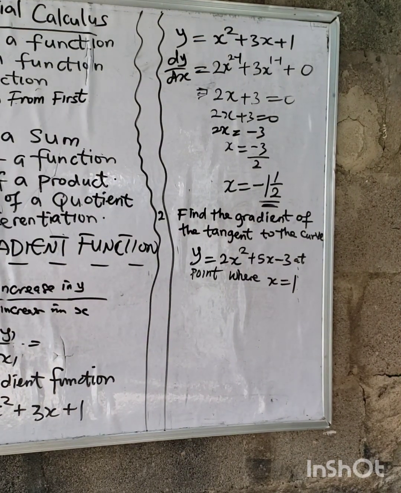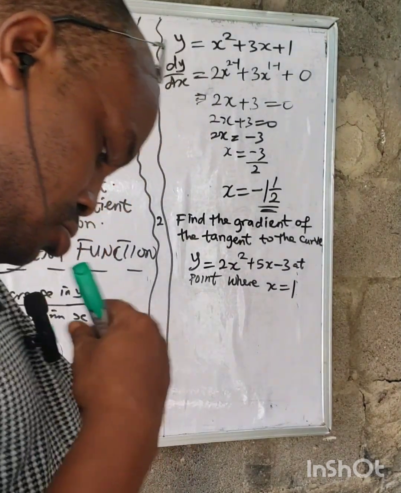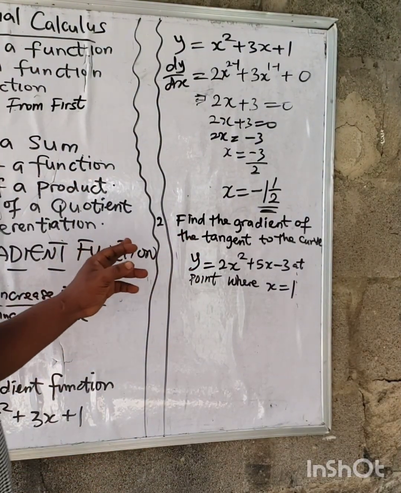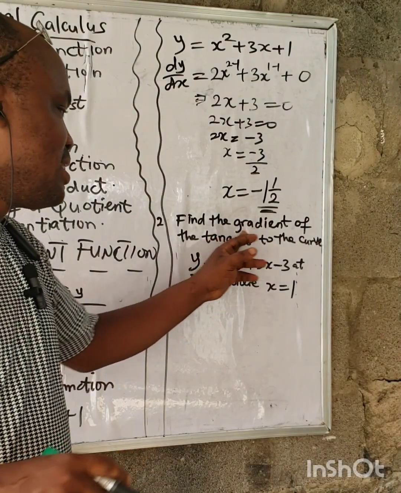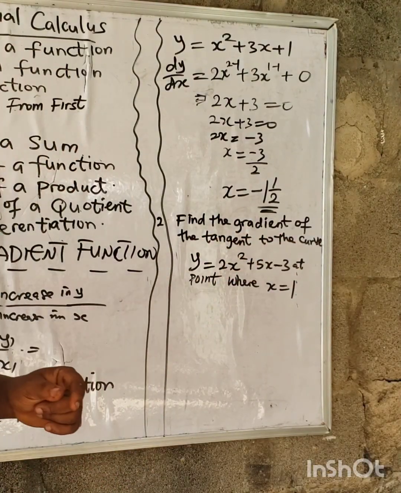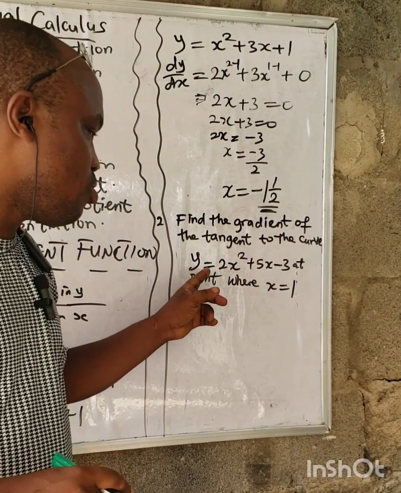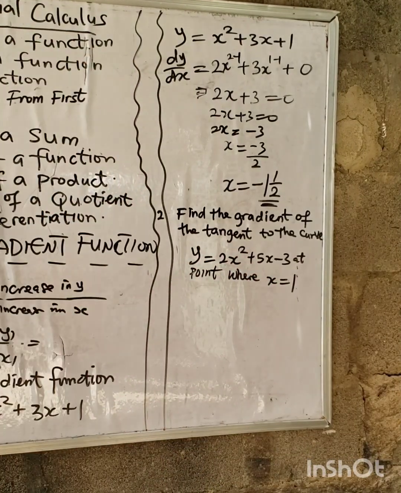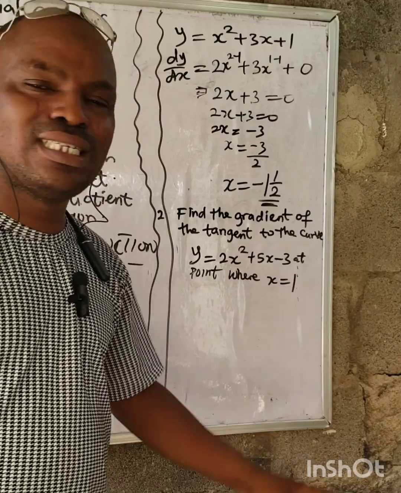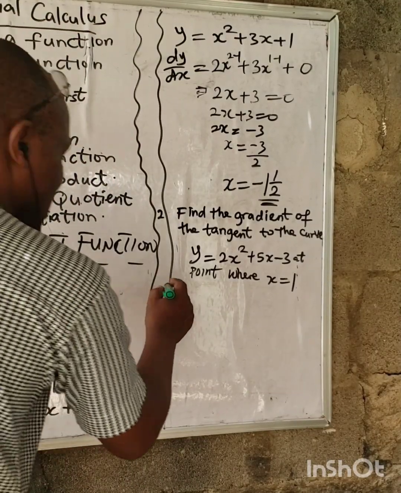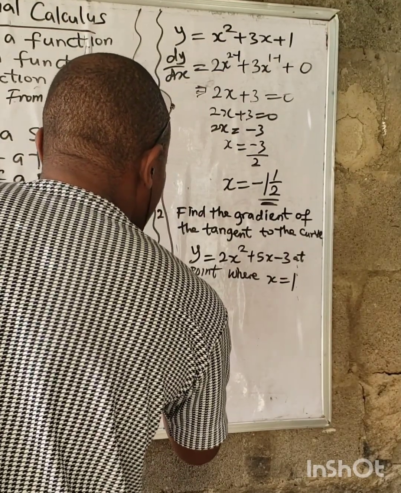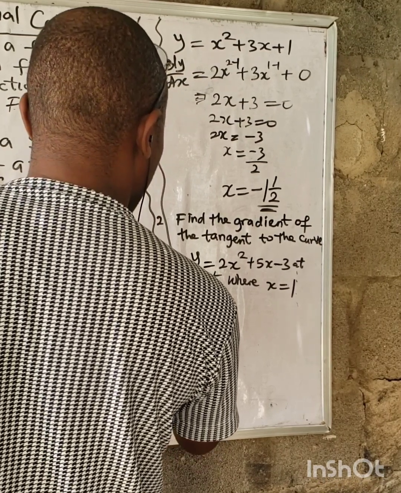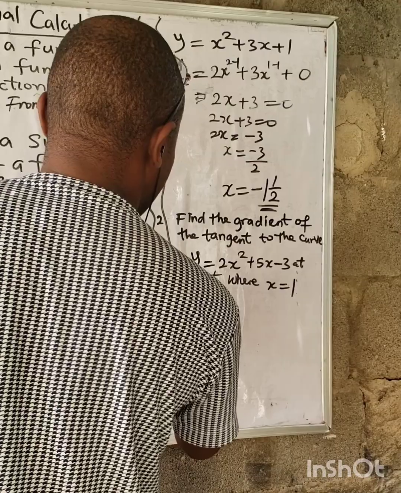Now, let us look at this question. The question says, find the gradient of the tangent to the curve y equal to 2s squared plus 5s minus 3 at the point where s is. Therefore, the gradient now, which is m, equal to the dy/ds.